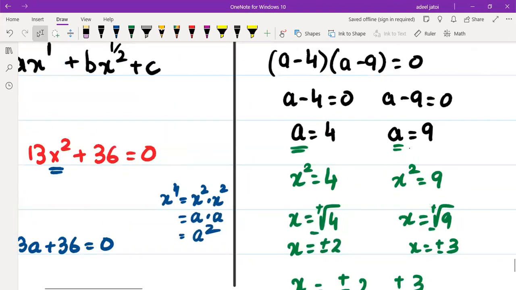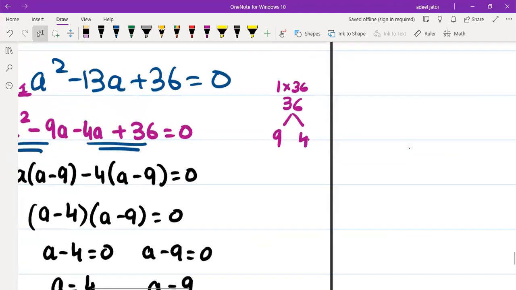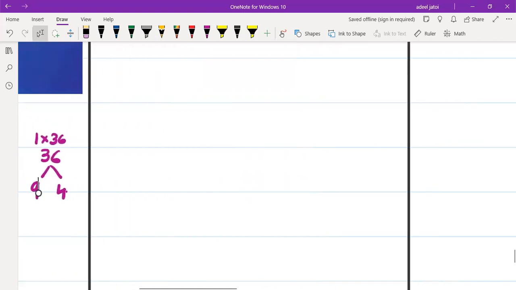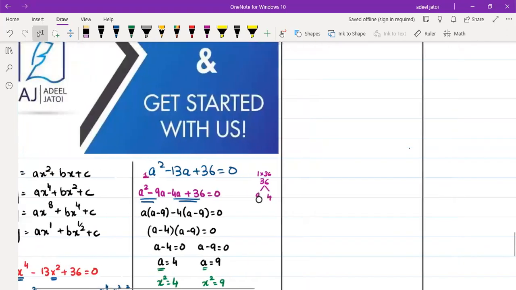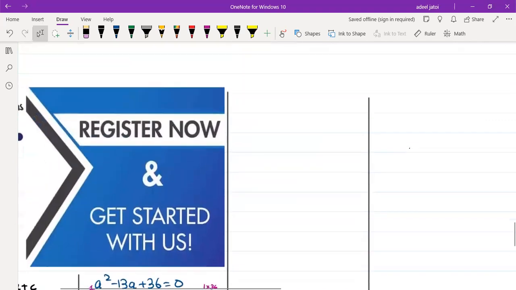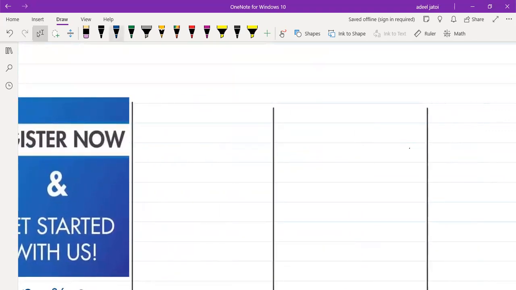Similarly, if we have a question such as x minus 5 under root x plus 6 is equal to 0. Now, I see this as x to the power 1, and this is x to the power half.